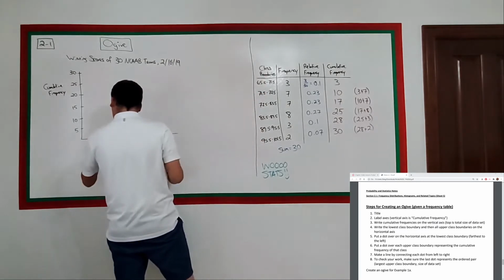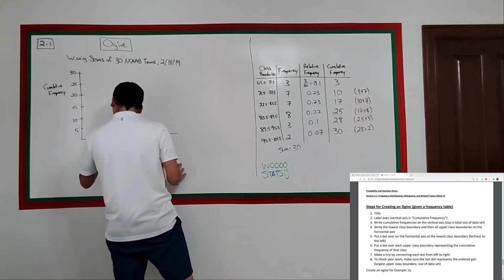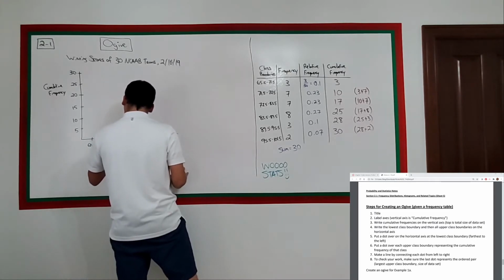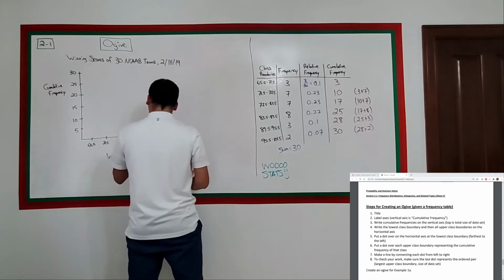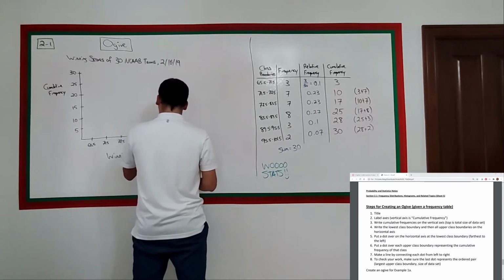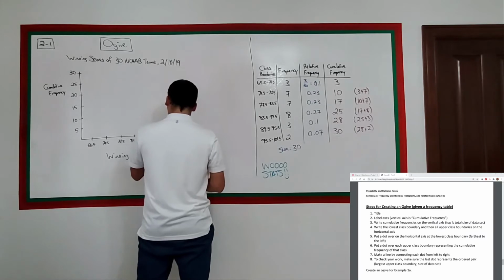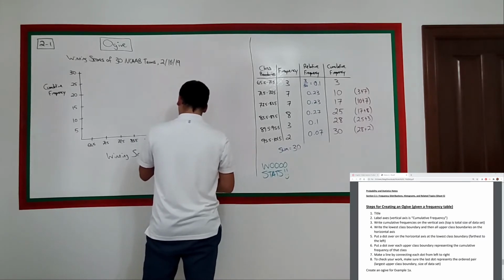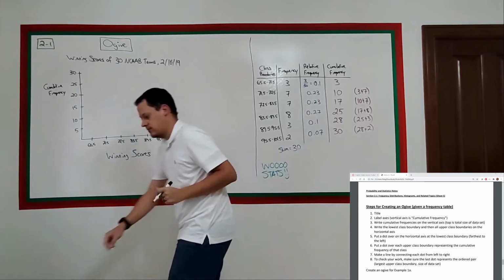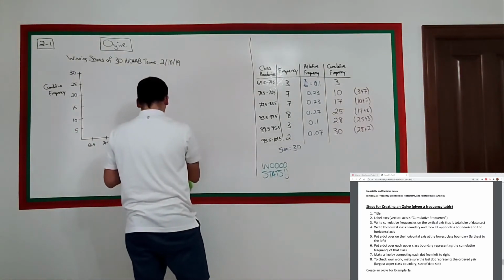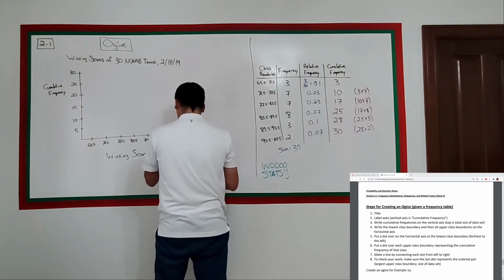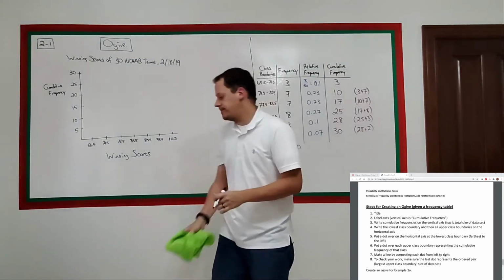So 71.5, 77.5, 83.5, 89.5, 95.5, and 101.5. Oops. I could do a better job there. There. Should be a little easier to read.